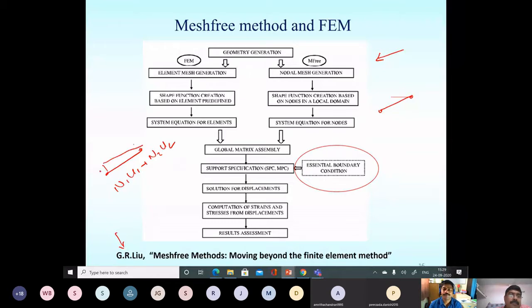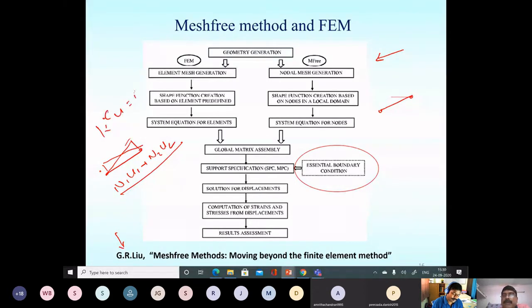Lagrange interpolation will be used, or in some other case, for example a beam, you don't use Lagrangian, you go for other interpolation techniques. Then you develop element equations, a system of equations for elements. For each element you develop k u equal to f, and then you assemble it.